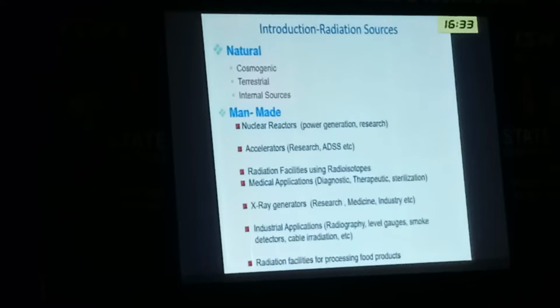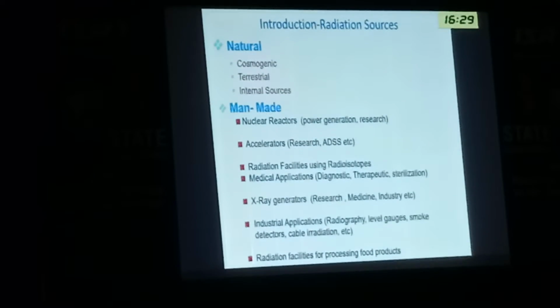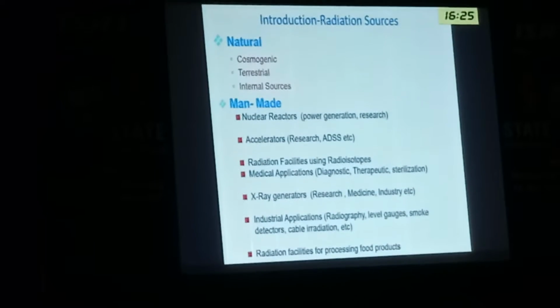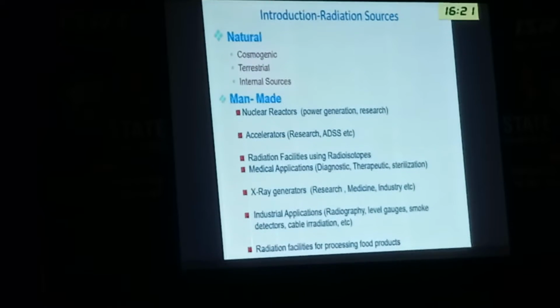Man-made radiation is created by man during some kind of experiment, examination, or manufacturing. It may be nuclear reactors, where fission fragments are generated, such as cesium, iodine, argon.